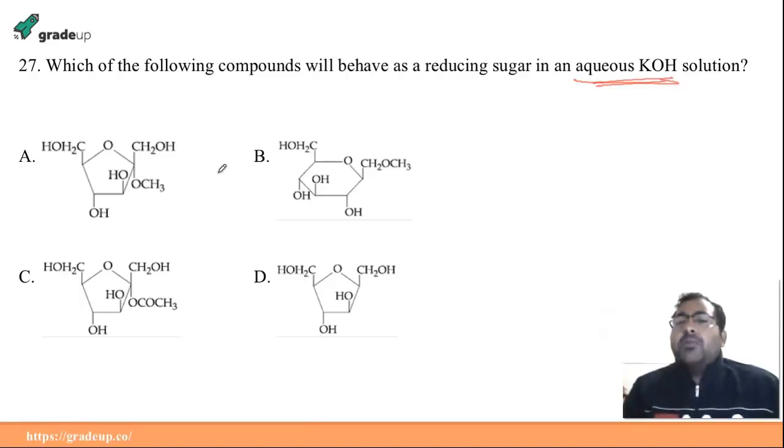Even if you don't know the complete reaction, you can solve this question by very basic common sense and basic knowledge of organic chemistry. So this aqueous KOH solution will react with what in this compound?